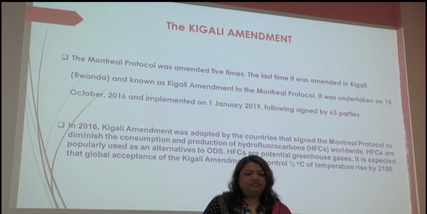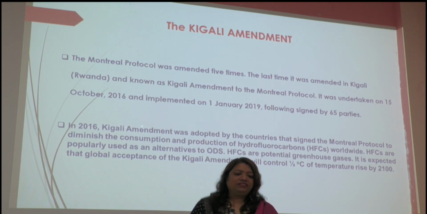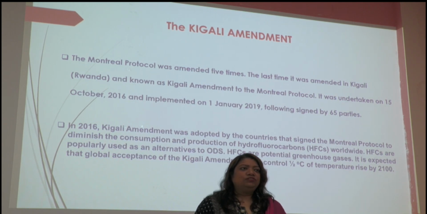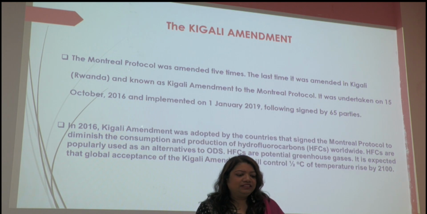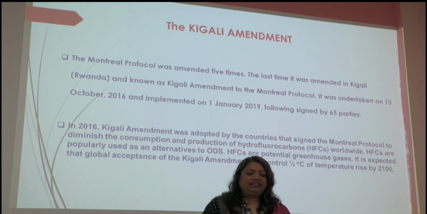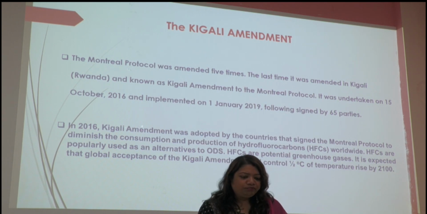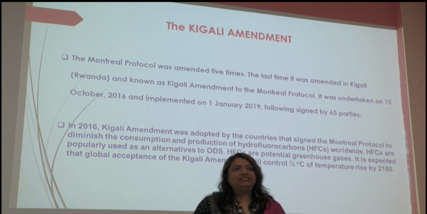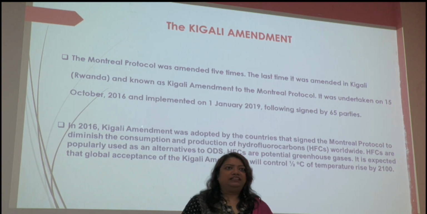This conference was conducted in Kigali, Rwanda. Kigali is the capital of Rwanda, and that is why it is known as the Kigali Amendment. In this amendment, they are now saying that we have to diminish the use of hydrofluorocarbons also. Why? Because it is a potential greenhouse gas.